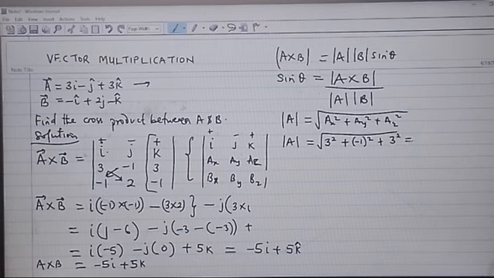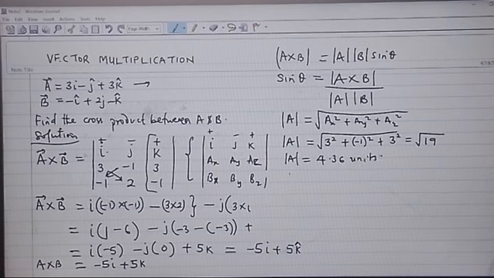That gives us a total of 19. This is 9 plus 9, 18. 18 plus 1, 19. So square root of 19. So the magnitude of A is 4.36 units.